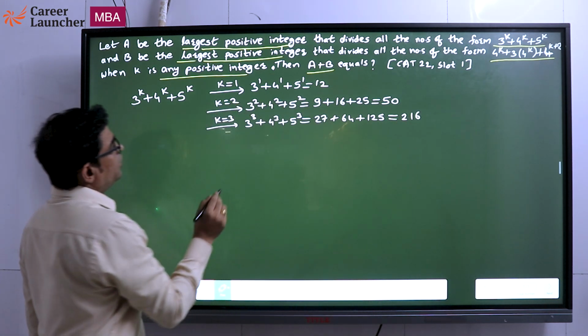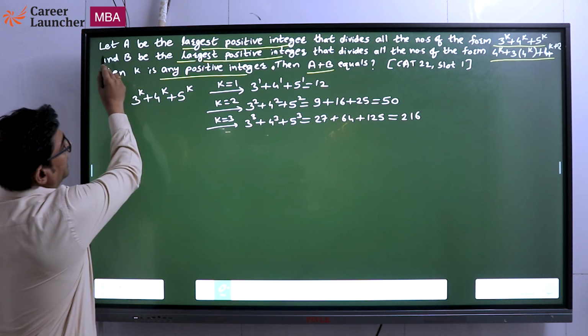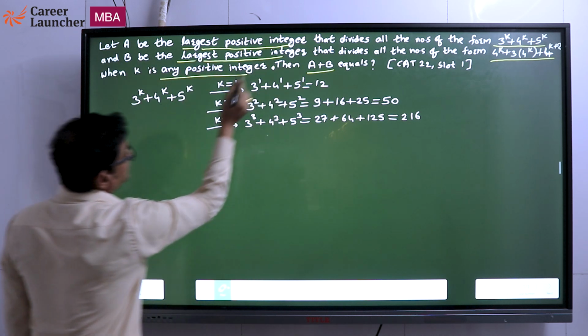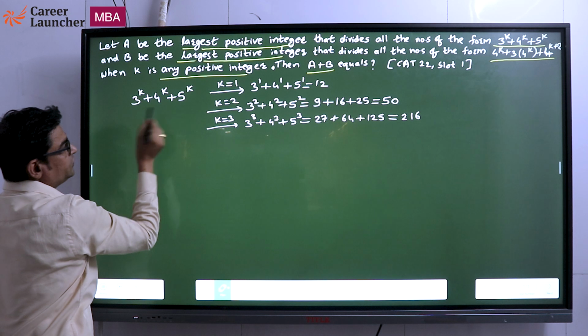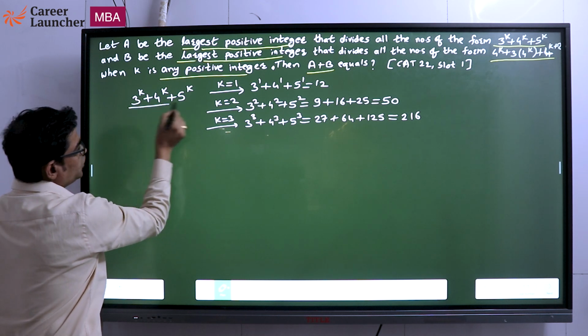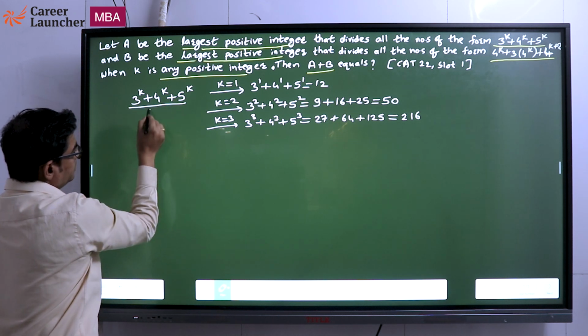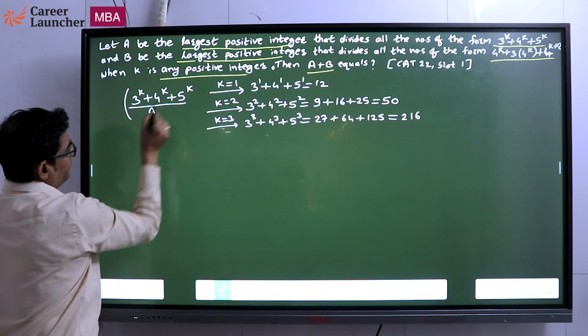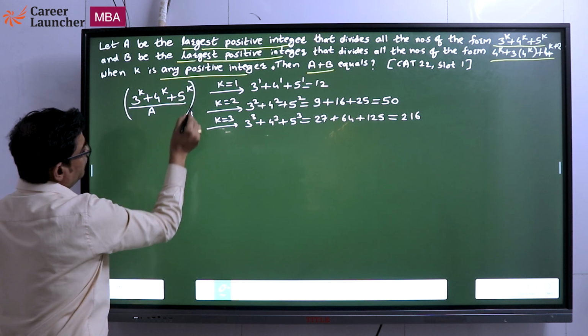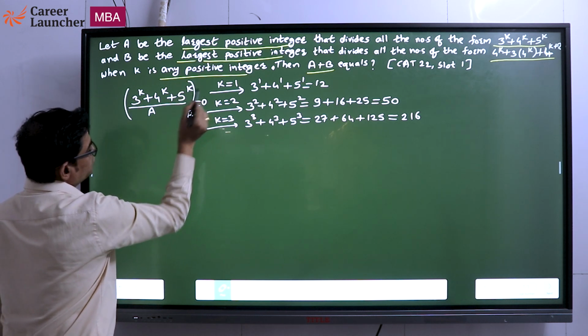Let's try to find out what A is. A is the largest positive integer that divides all the numbers of this format. Can I say I should be able to divide all these numbers by A? If I am able to divide, then I would get remainder equal to 0.